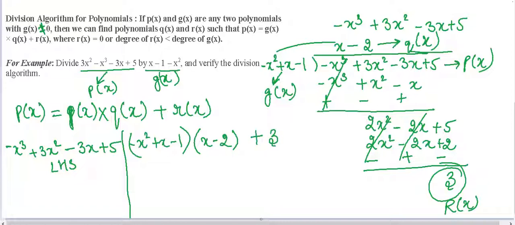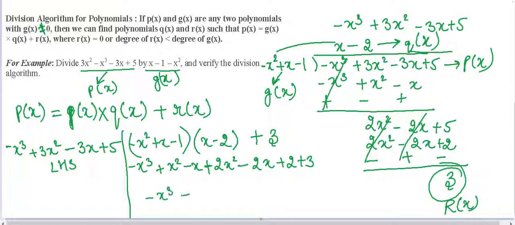By distribution you will multiply it. It will be minus x cube plus x square minus x. For minus 2 it will be minus 2x square, sorry, minus minus it's plus 2x square minus 2x plus 2 plus 3. You will get the answer as minus x cube plus 3x square minus 3x plus 5.